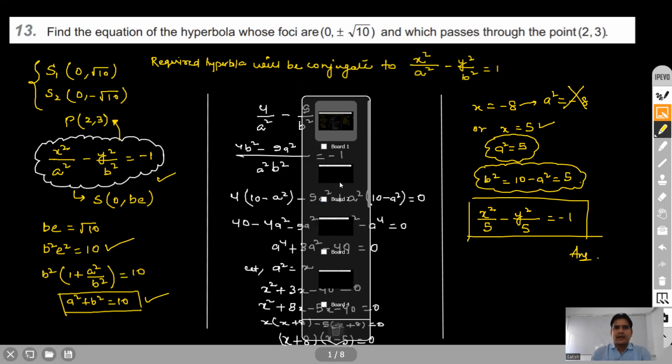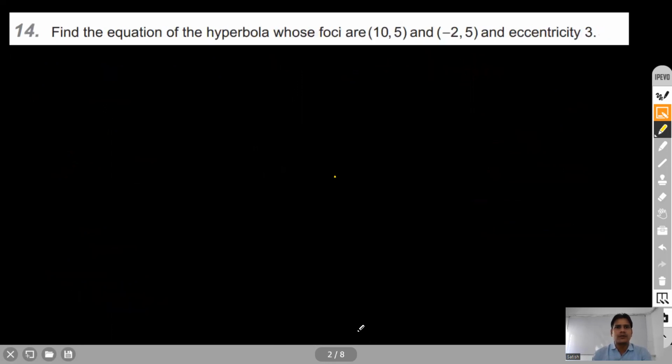Okay. So coming to the next one, question number 14. It is saying find the equation of the hyperbola whose foci are 10, 5 and minus 2, 5 and eccentricity is 3. Okay, so coordinates of focus is provided to us and eccentricity of the hyperbola is also given.